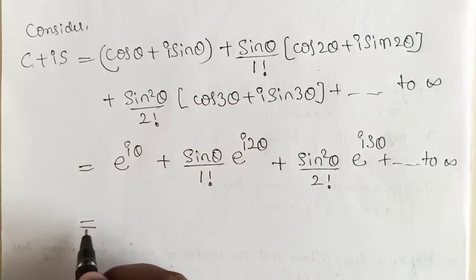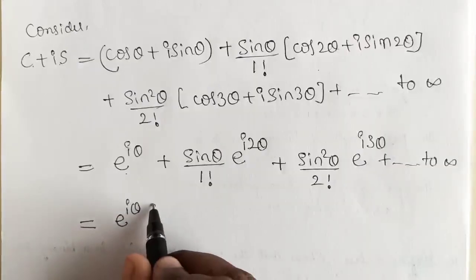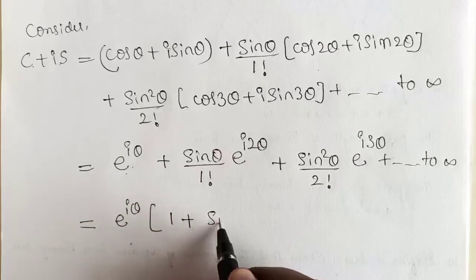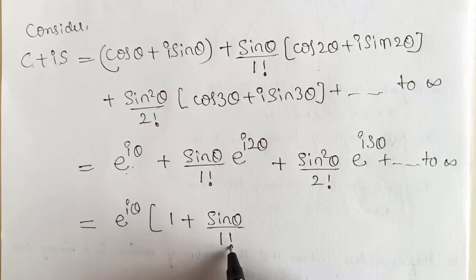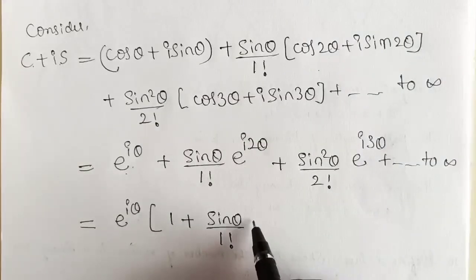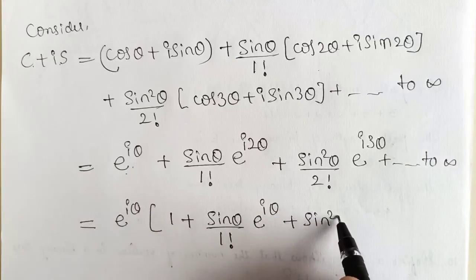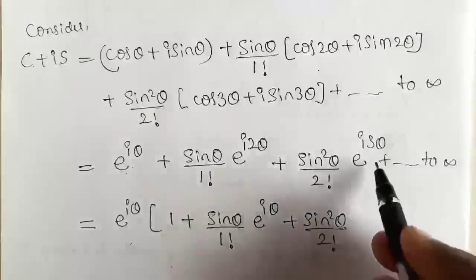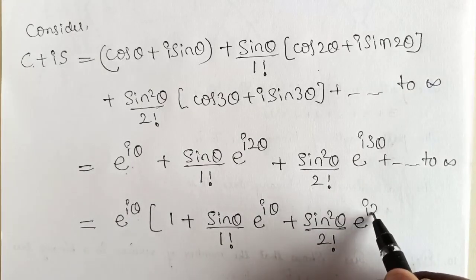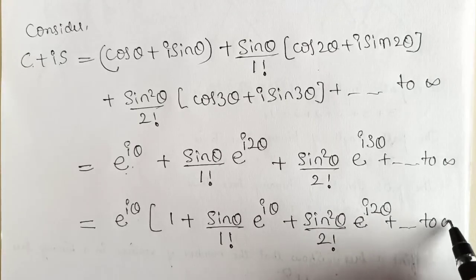Now we take e raised to i theta as a common term, then we get 1 plus sin theta divided by 1 factorial. There were two terms there; on taking one term outside we get only one term here, plus sin square theta divided by 2 factorial. On taking one term outside we get two terms here, that is e raised to i 2 theta, up to infinity.